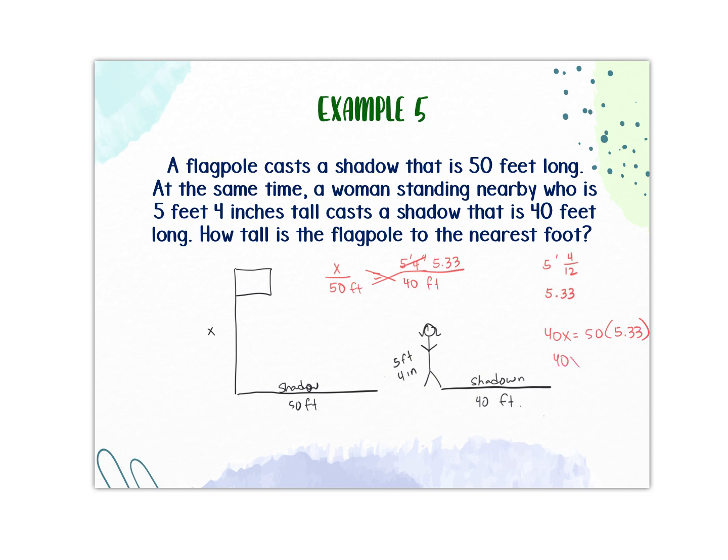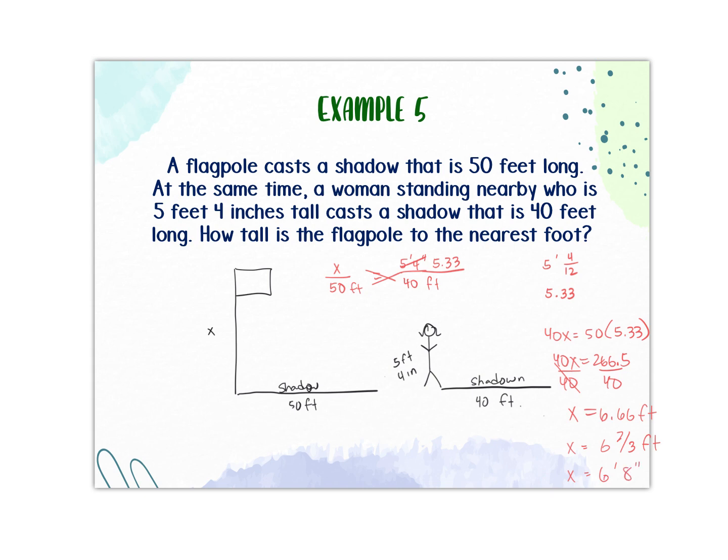So I got 40x equals 266.5, and I'm going to divide both sides by 40. And I'm going to get that x equals 6.66 feet, or 6 2/3 feet. And 2/3, I know, is 8 inches, so 6 feet 8 inches.